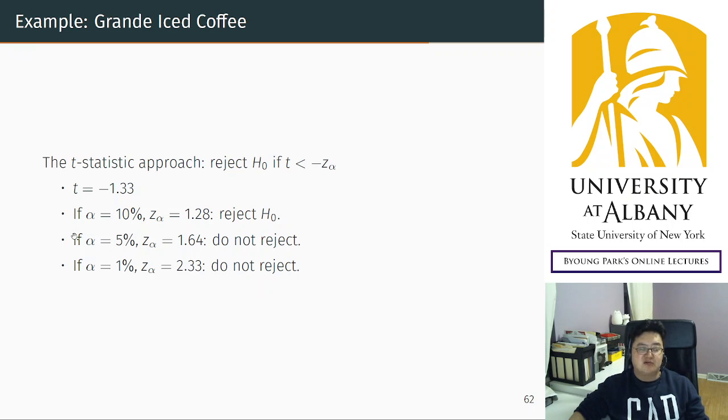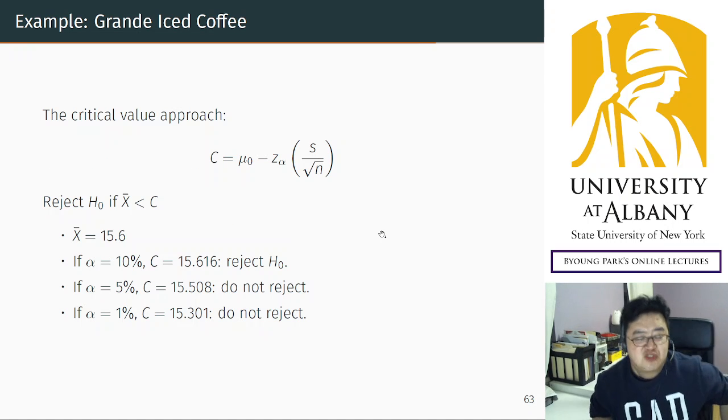However, in the other cases, you do not reject. Minus 1.33 is less than those margins, right? This is the margin you allow for error. So it does not matter, so you do not reject the null hypothesis.